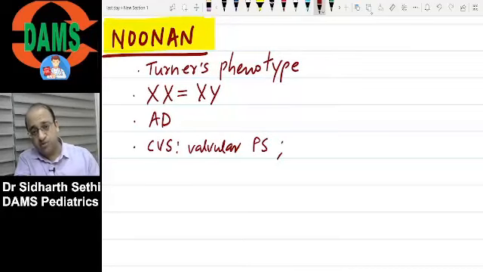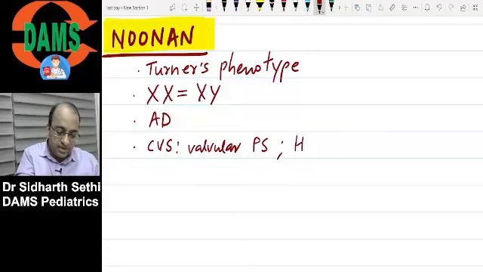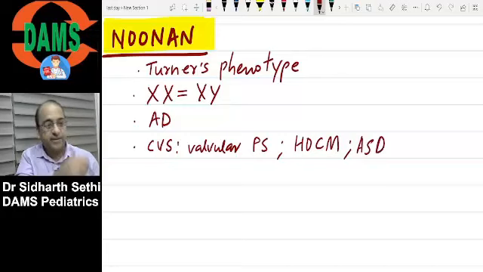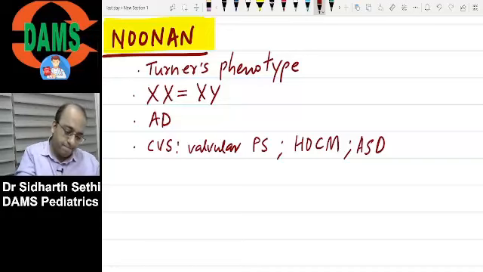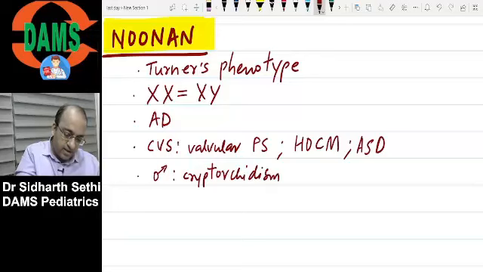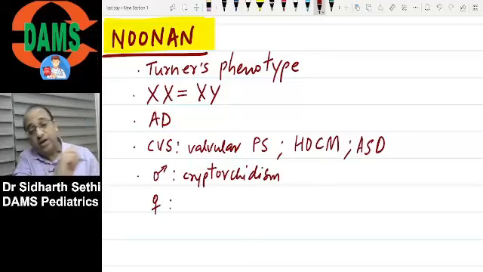It can be seen in boys also, XY. They have hypertrophic obstructive cardiomyopathy, atrial septal defect. So boys or girls, it is autosomal dominant with Noonan's, they have valvular pulmonary stenosis, hypertrophic obstructive cardiomyopathy, ASD. Boys have cryptorchidism, and girls of Noonan's do not have infertility.